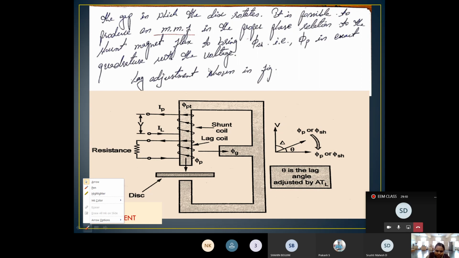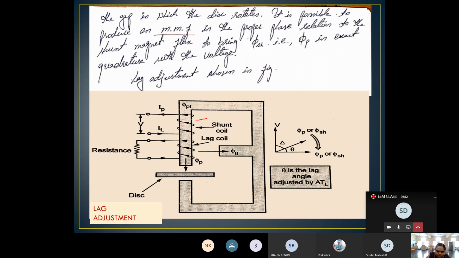What I explained in the points is of a shunt coil. This shunt coil is an extra connection we are going to do. This is our IP and this is your IL due to the load.